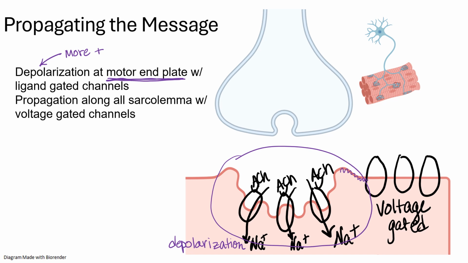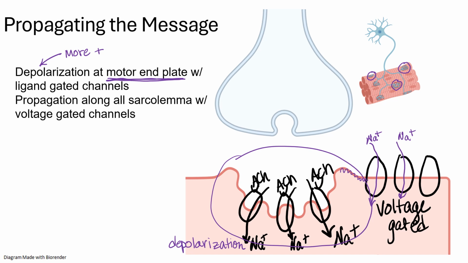So I can create enough of a change in voltage to start these popping open and allowing sodium to enter into the cell. And I want you to look at this picture up here that's at the top right. Each of these areas are neuromuscular junctions. I'm going to stimulate them all at the same time.